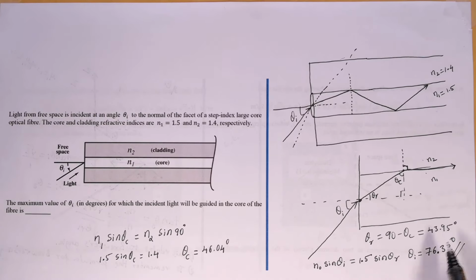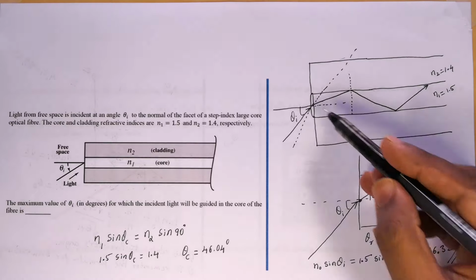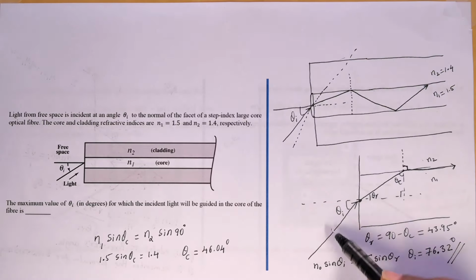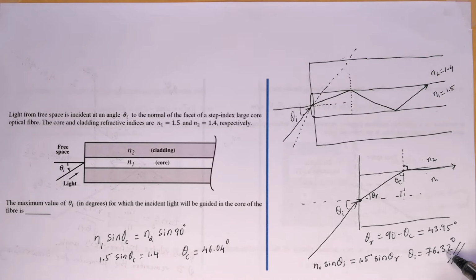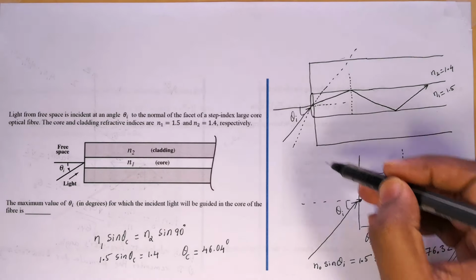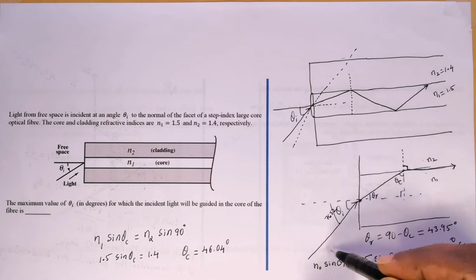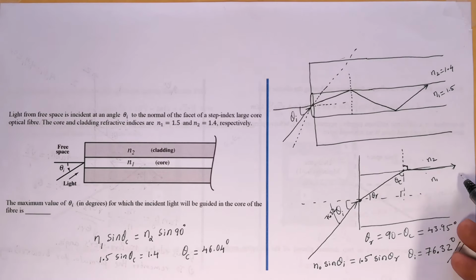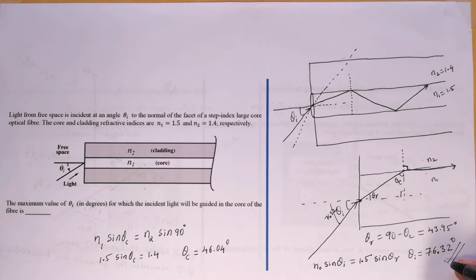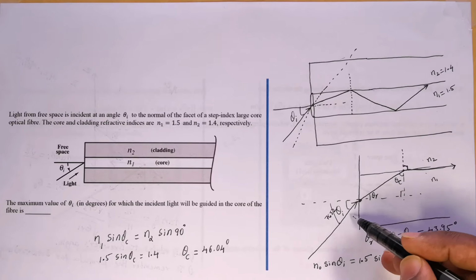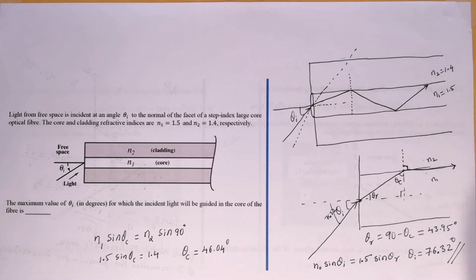So if the angle of incidence on this optical fiber is below 76.32 degrees, then the light will be guided inside the optical fiber. If it's above this value, then the light is just going out.